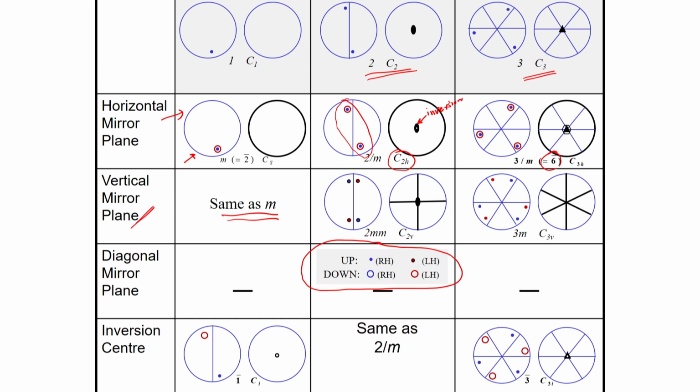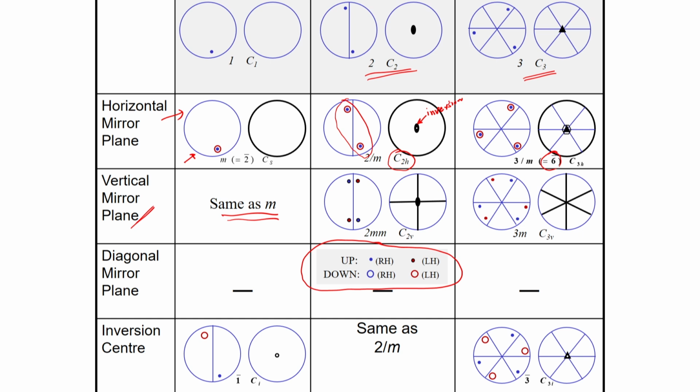Add a vertical mirror now to the two-fold, or to the point group 2. When I add a vertical mirror to the point group 2, essentially the two-fold will lie within the mirror, and we have already seen that if I have a two-fold and a mirror containing it, then automatically a mirror will get generated 90 degrees to it.